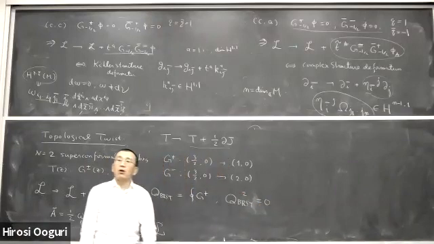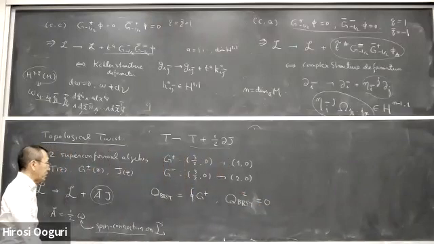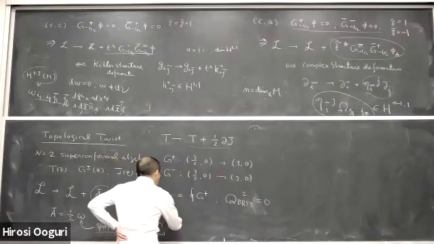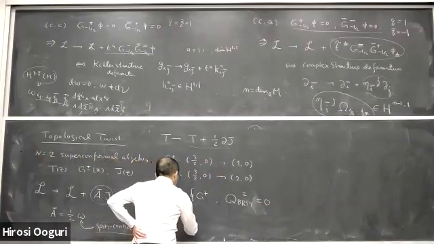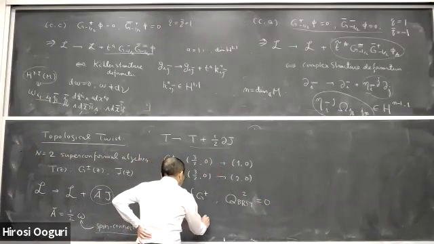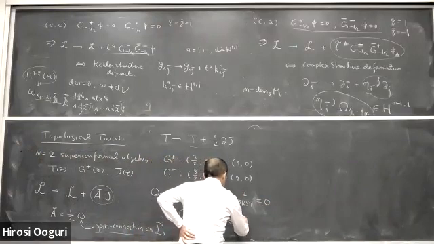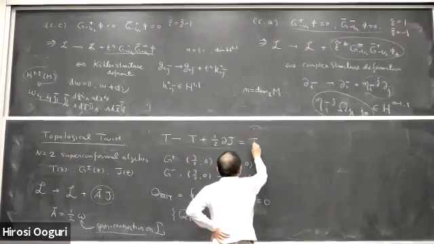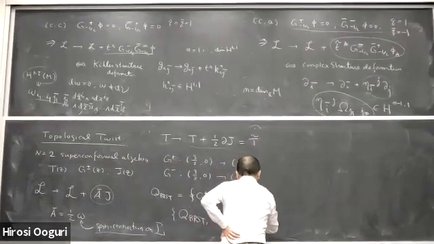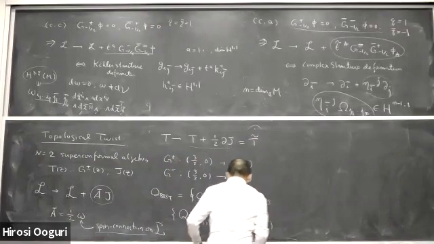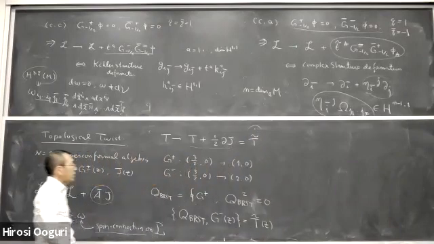So we can consider cohomology with respect to this BRST operator. And if you compute the anti-commutator of this BRST operator with G minus, it becomes this modified energy momentum tensor, the twisted energy momentum tensor.